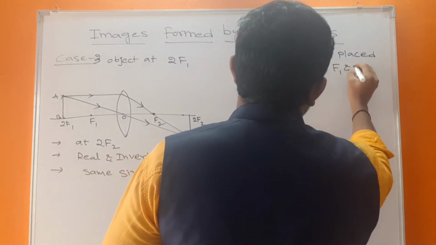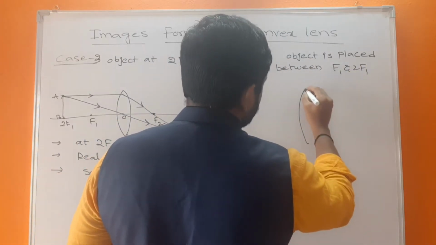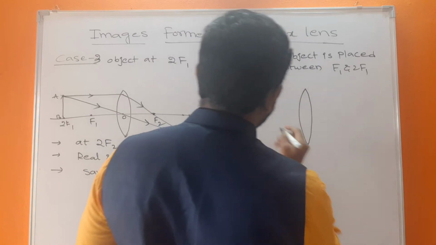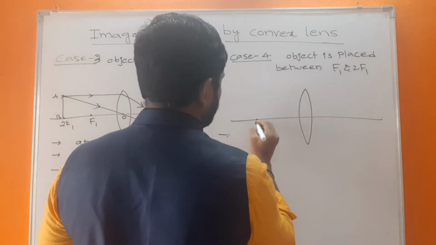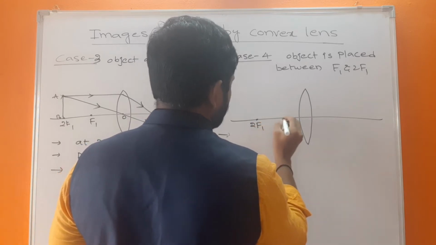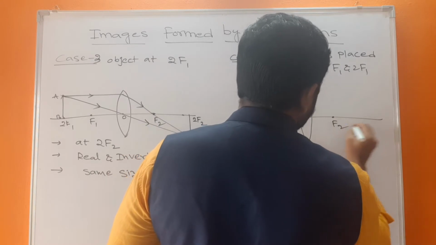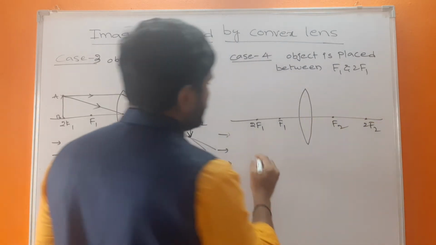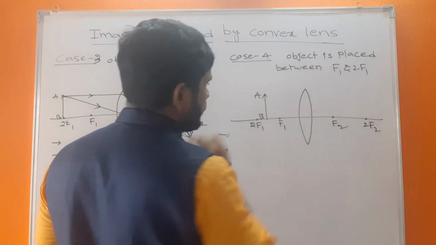Let's see where the image is going to be formed. 2f1, f1, f2. So see students, here the object AB.